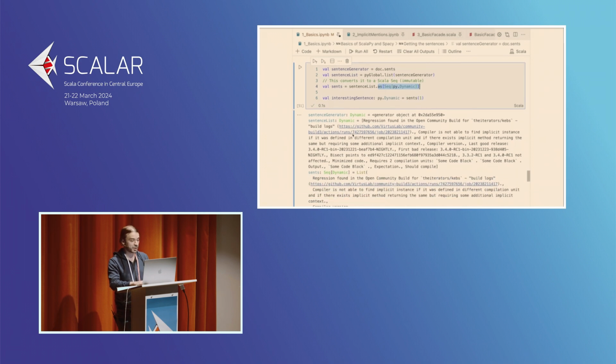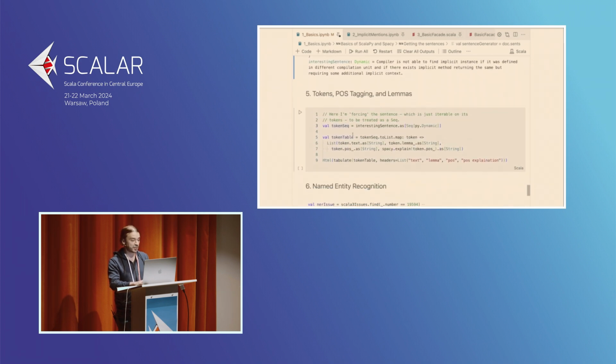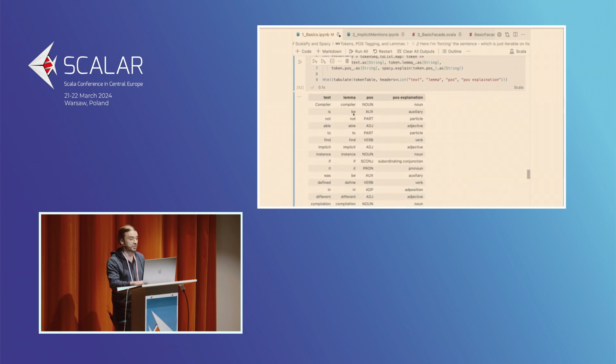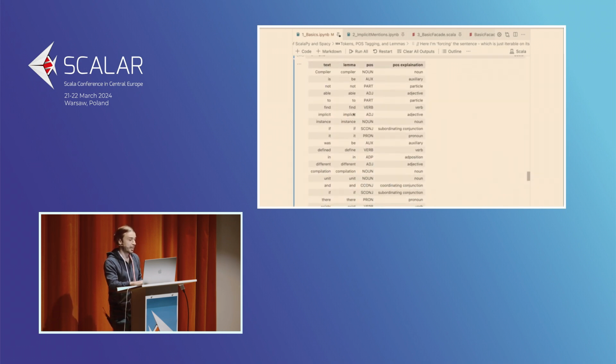I'm going to take the first one, and I'm going to show you what spaCy does with tokens, part-of-speech tagging, and lemmas. So I'm going to tabulate it to explain it to you. So this is the tokenization step. Pretty much the first sentence, compiler is not able to find, is divided in tokens, and the NLP pipeline has already computed the lemma, so the word as you find it in the dictionary, and the part-of-speech tags.